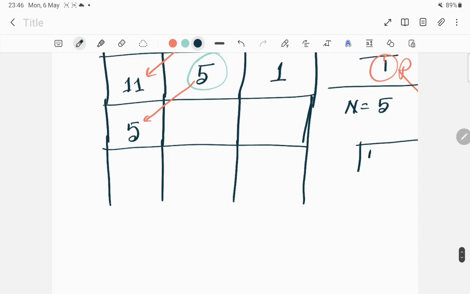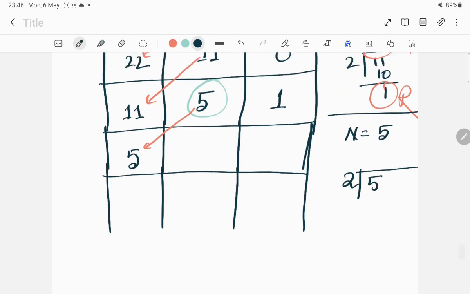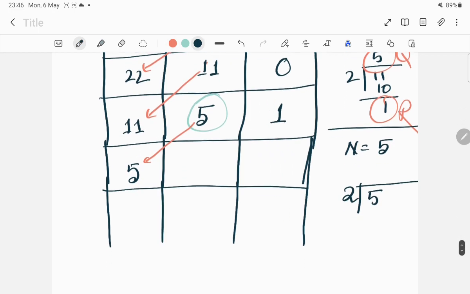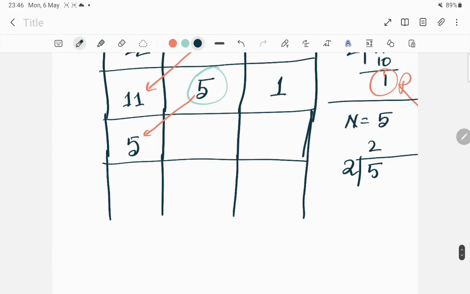So again I will divide 5 by 2, since in this column we are dividing that value by 2. So 2 2s are 4 and remainder is 1. So this time this is our quotient and this is our remainder. So this is 2, and this is our 1.